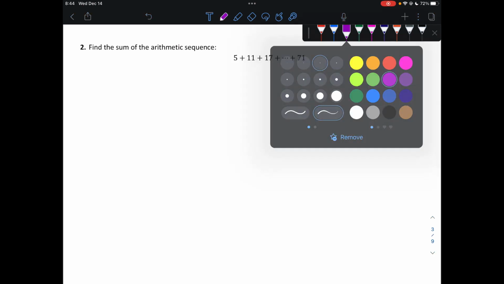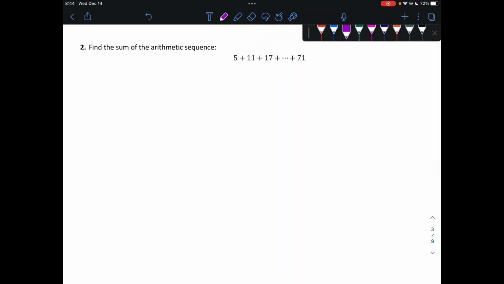So next one here says to find the sum of the arithmetic sequence. All right, so we know the first term is 5, and we know the last term is 71, but we don't know how many terms there are. So to do this, we probably should write out our explicit formula, with d here being 6.